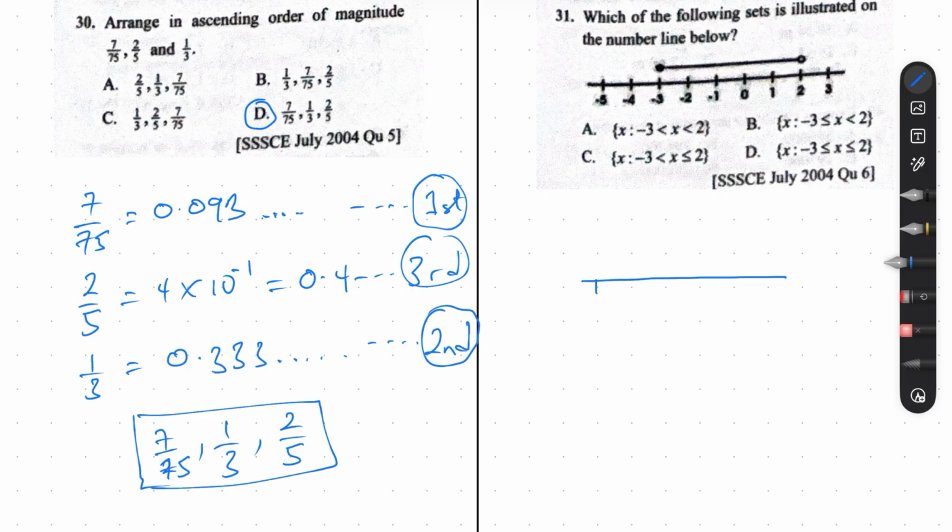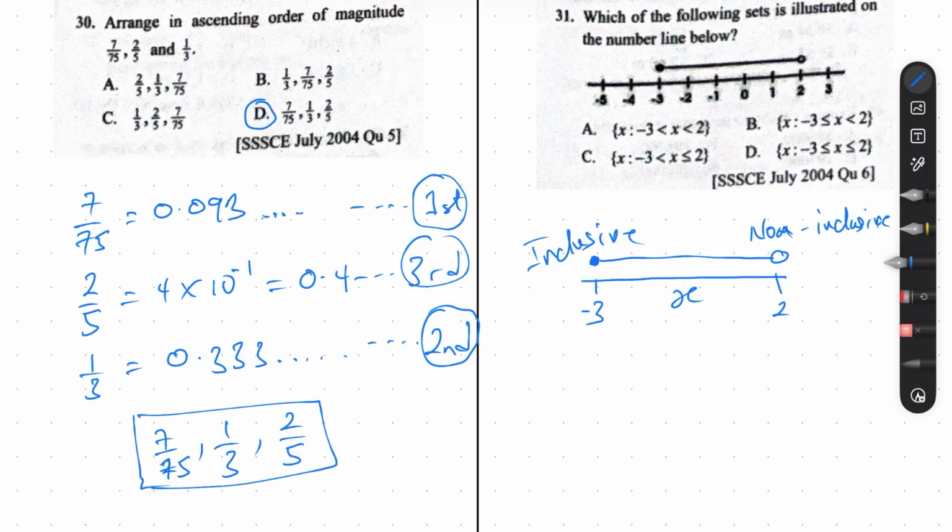So what that means is we have the number -3 and the number 2, right? Here we have shaded and here not shaded, so we have a set in the middle, x. This is inclusive, and here is non-inclusive, right?